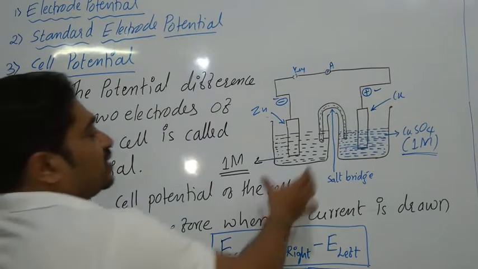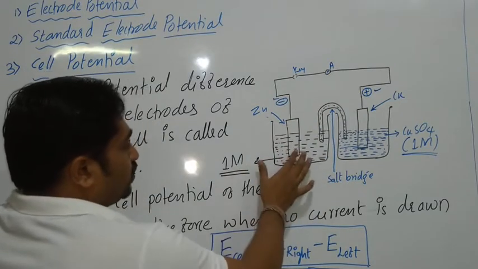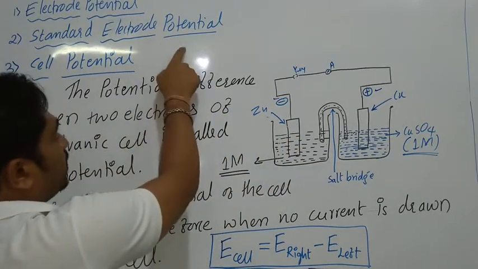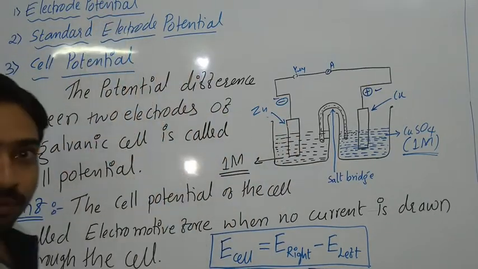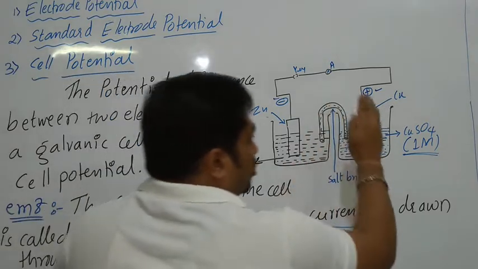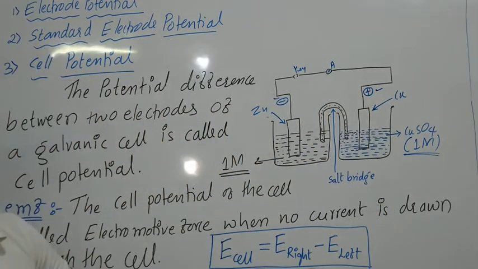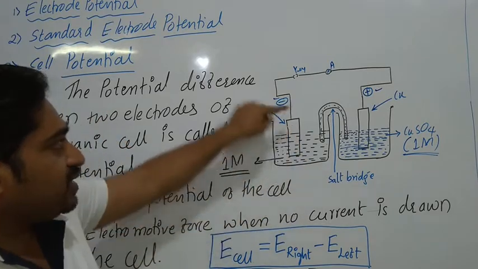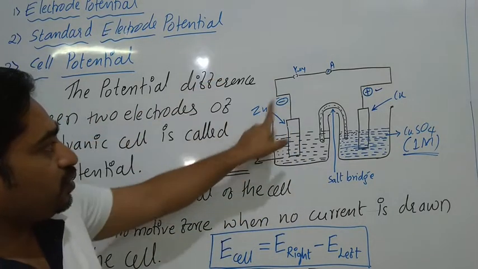Okay, so here this is our half cell. In this half cell, this zinc electrode has some standard electrode potential as well as electrode potential. Likewise, the copper electrode also has some electrode potential. So this zinc electrode is negative with respect to the solution.